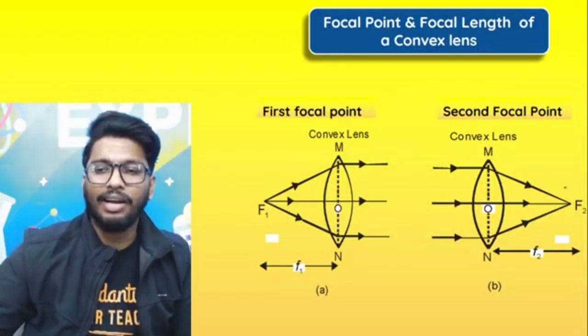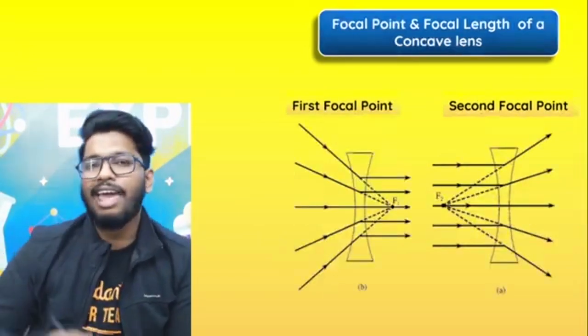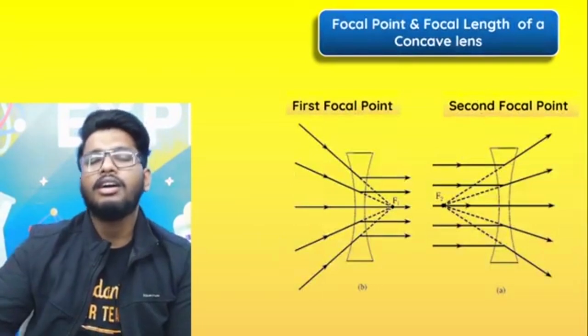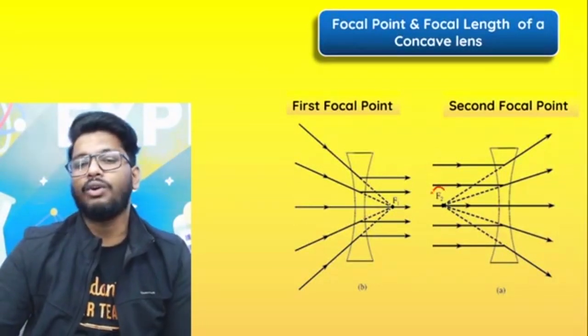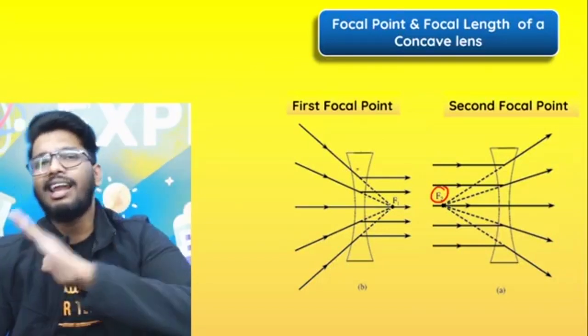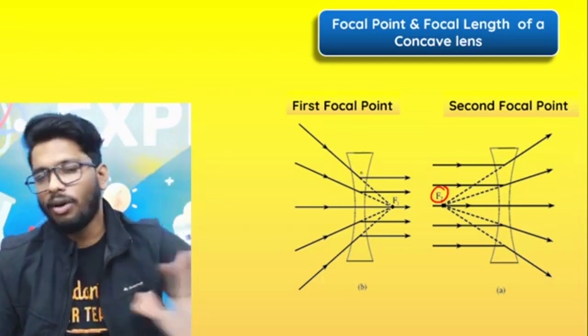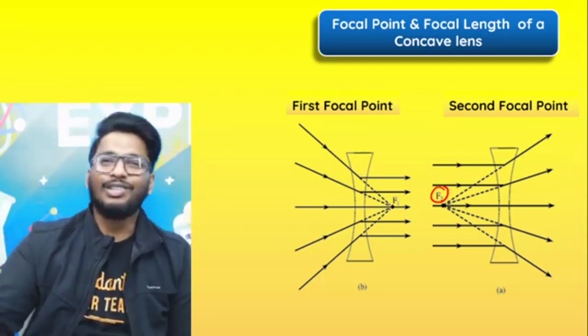So basically it will be formed at f2. Now in the case of a concave lens, f1 is on the right hand side, and f2 is on the left hand side. So the image, if the rays of light are coming from the left hand side, will be formed on the left hand side itself, which is nothing but f2. So it's just the opposite.